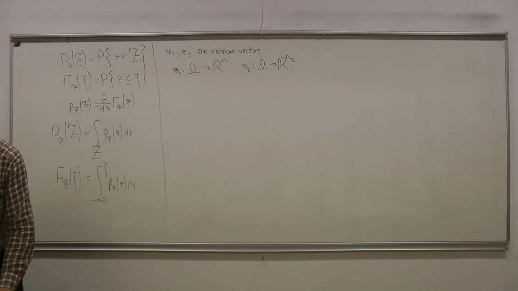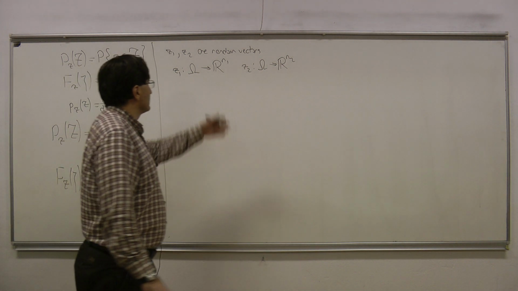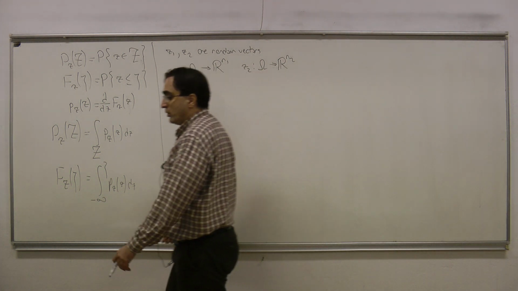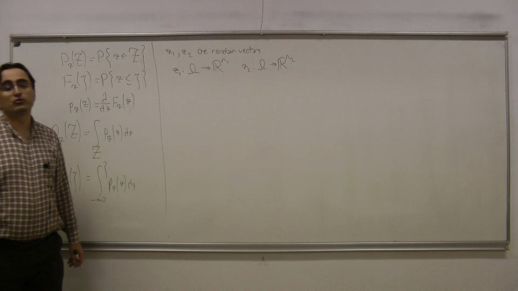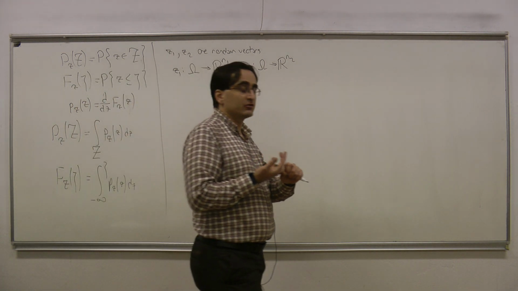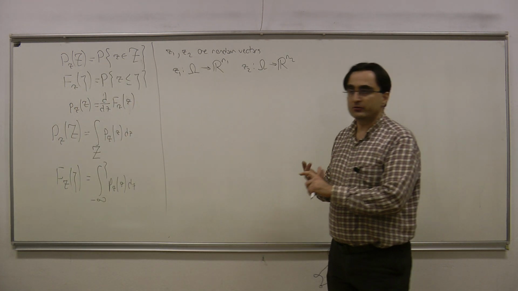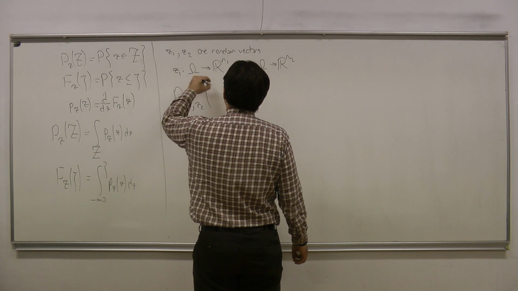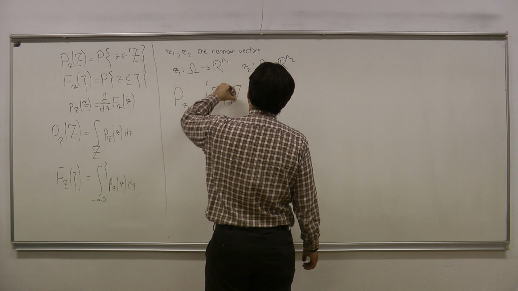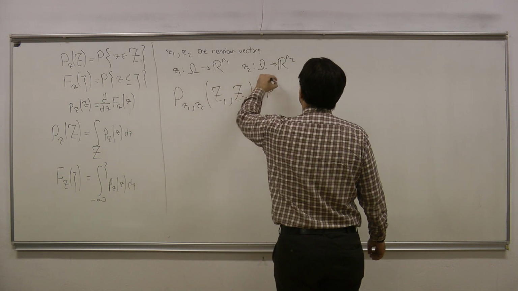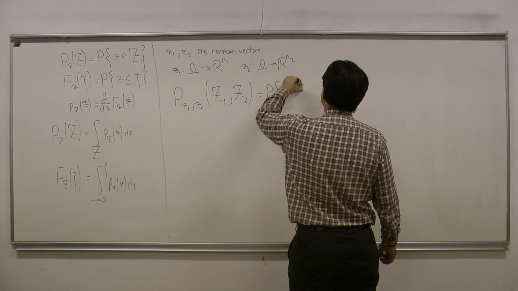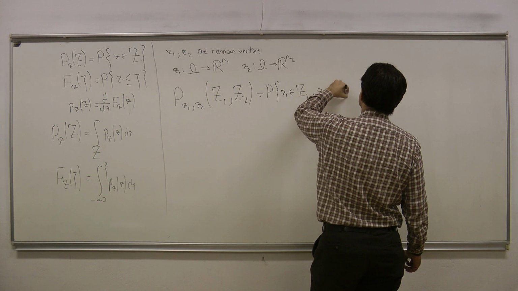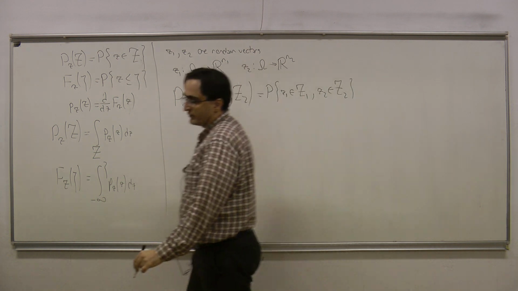So now I can again define the characteristics for these double random vectors. In that case, these quantities are called joint distributions, joint cumulative distribution functions, and joint probability density functions. Okay, so I can define Pz1,z2, and this is going to be a joint distribution function, and that is going to be the probability of Z1 being in capital Z1 and at the same time Z2 being in this subset capital Z2.